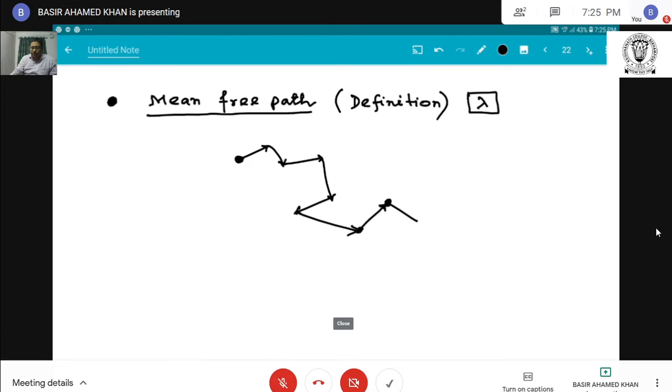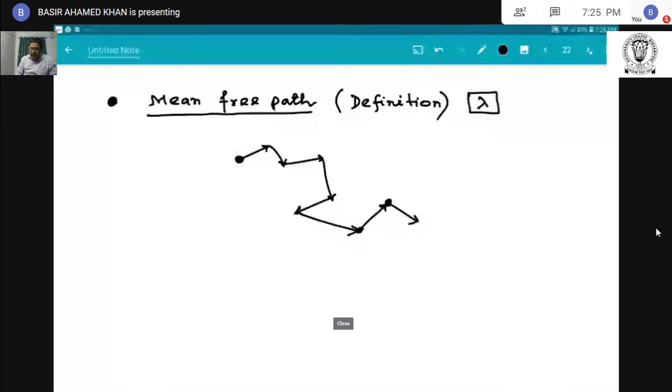So in this direction again it collides with a molecule, then it moves in this direction. That means a gas molecule moves at random in every direction and collides with another molecule.